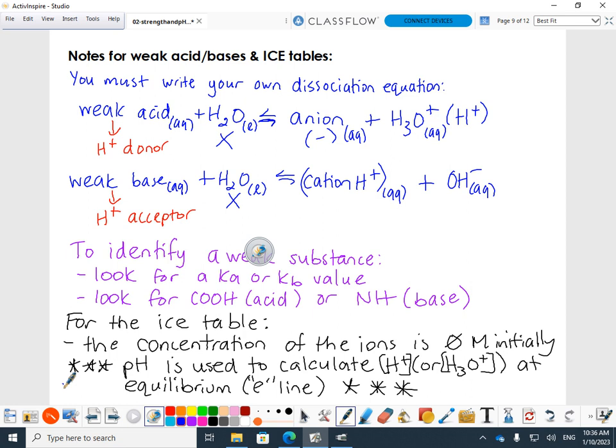So you could be given pH for concentration at equilibrium.